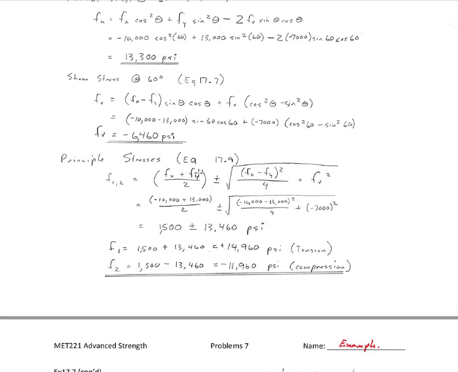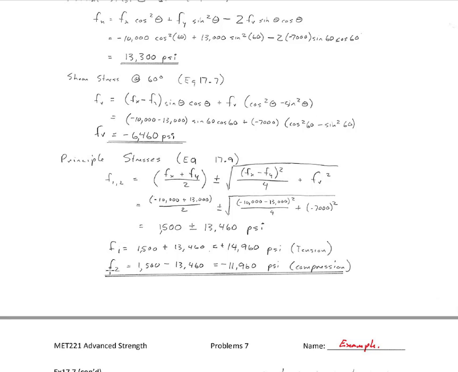And then what are the principal stresses? Using equation 17.9, I plug in my values, and I get 1,500 psi plus or minus 13,460. Therefore, my principal stress sigma 1, which is my highest stress level, is 14,960 psi. That's in tension.